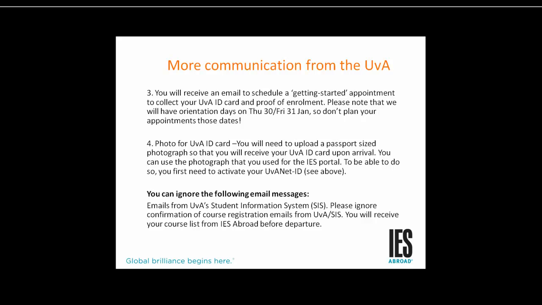And I do please ask you not to select the Thursday, 30th of January or Friday the 31st of January, as we will have a full day of orientation. So there won't be any time to have a getting started appointment then. But you are able to get it for the Monday or the following Tuesday. Or if you have arrived early, you could even do that on a Wednesday. But obviously you don't know your way around just yet, so I do recommend Monday the 3rd of February or Tuesday the 4th of February.